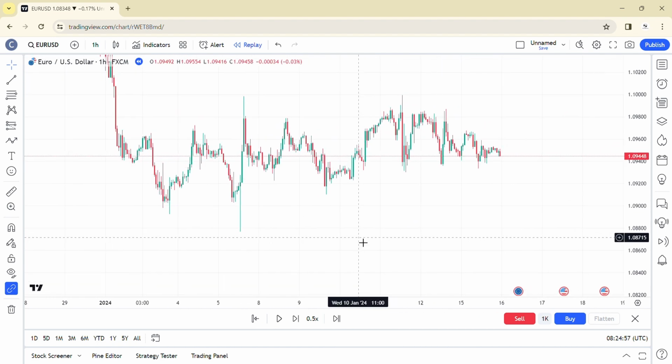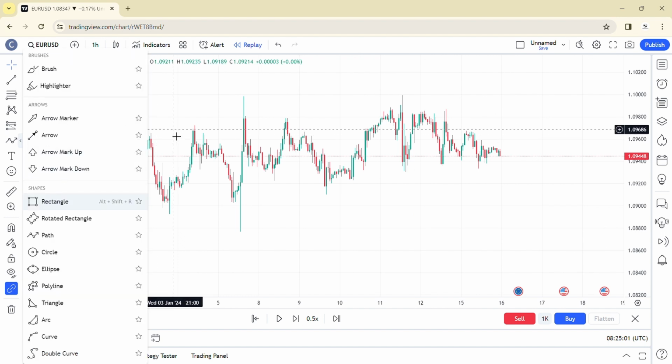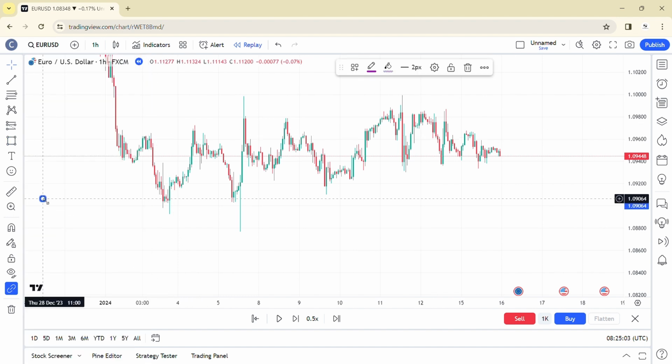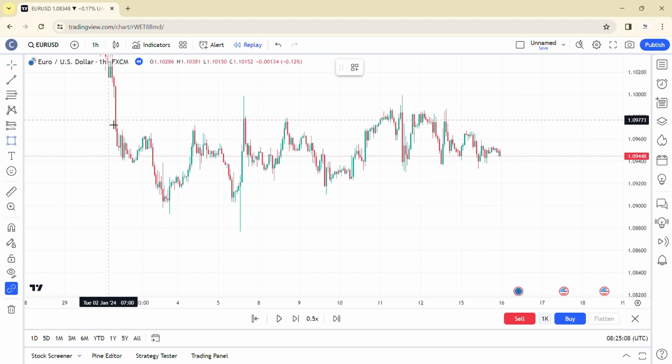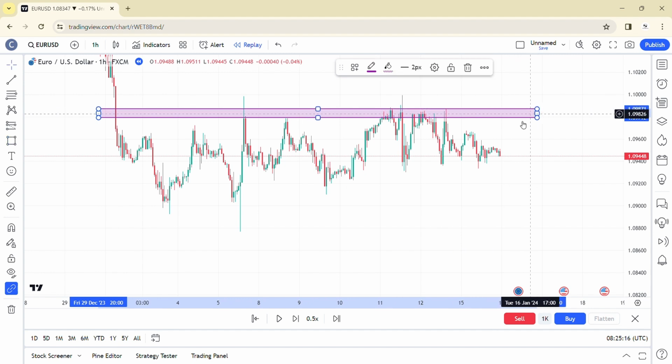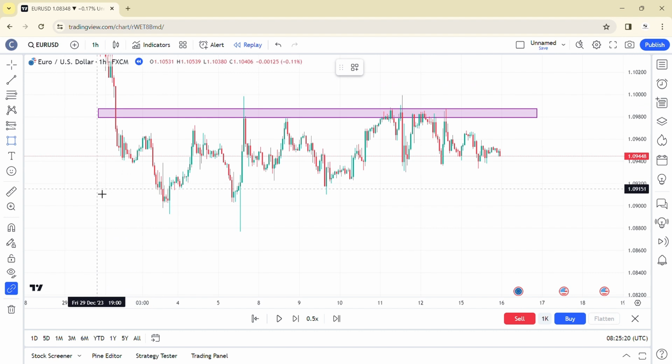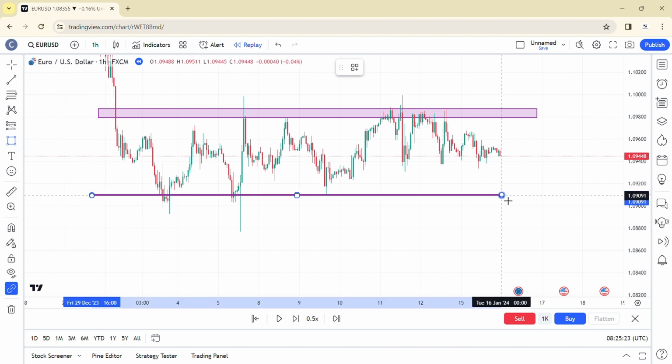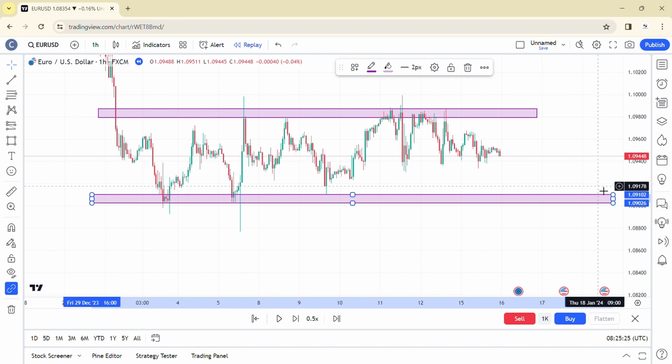We are backtesting. So first, let's draw out our support and resistance zones. First, what you need to do is draw out your support and resistance zones. Remember, when it comes to drawing, using the break and retest for your zones, you draw out your support and resistance zones first. We have our support, our resistance over here. We also have our support over here.